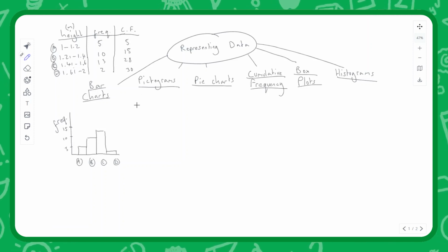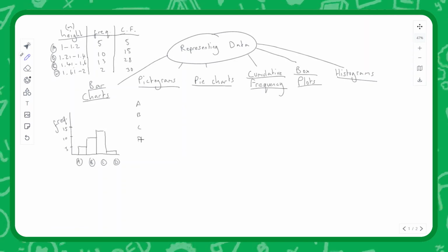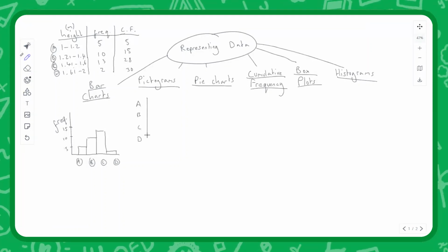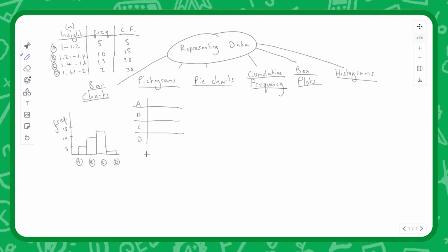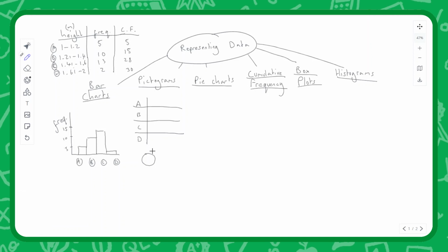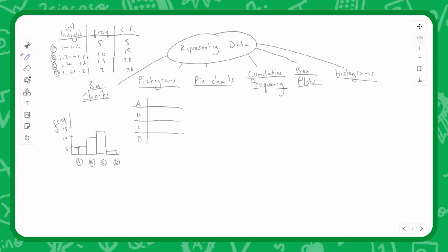Pictograms. So again, let's say we've got category A, B, C, and D. And let's say a circle. Do I do a circle? It might be nicer if I do a hexagon instead.